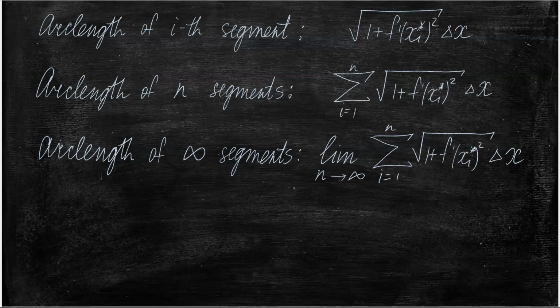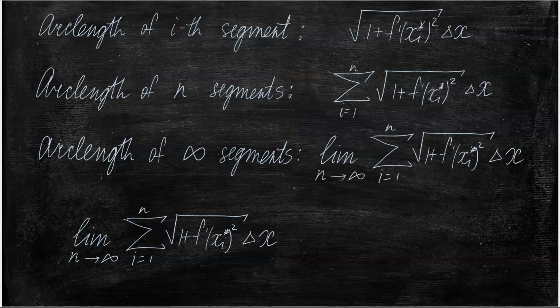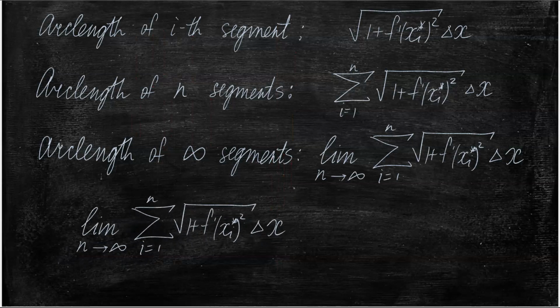And now we need to look at it carefully and recognize something. This totally looks like a Riemann sum, and therefore this limit can be expressed as an integral, as a definite integral.